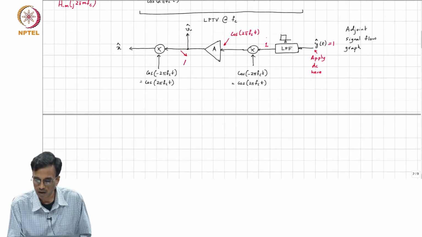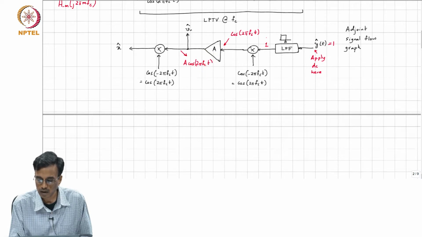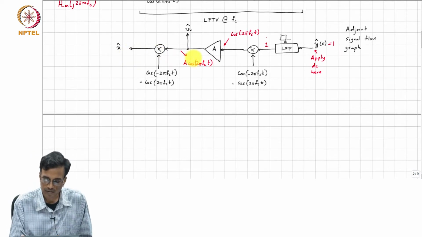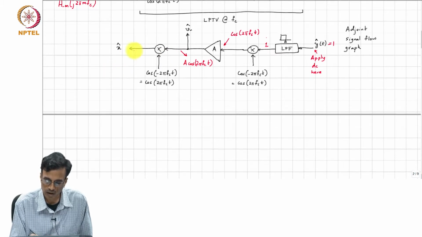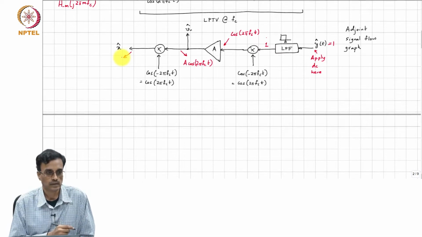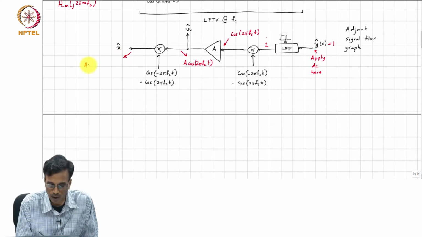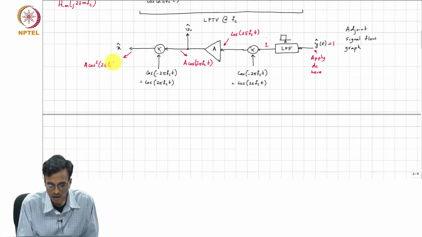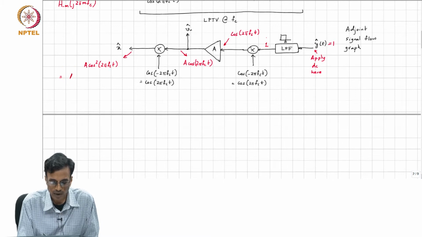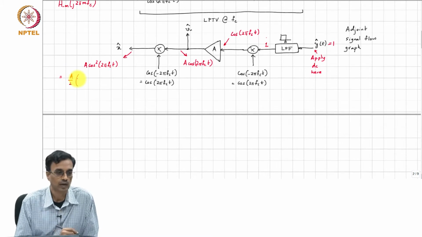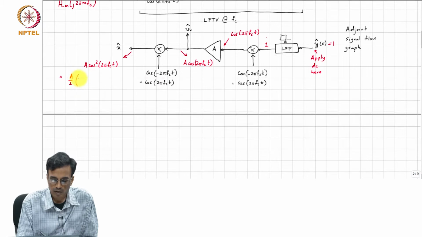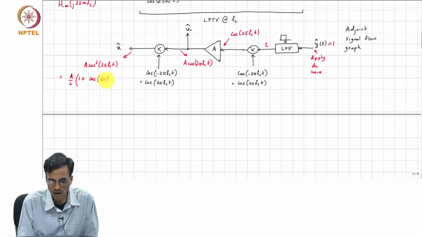A cos 2 pi FCT, and at x hat, A cos square 2 pi FCT, which is simply A by 2 times 1 plus cos 4 pi FCT.